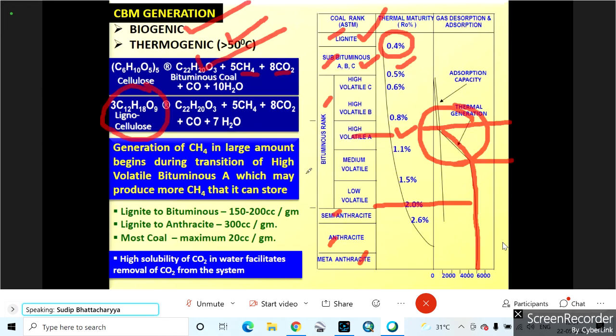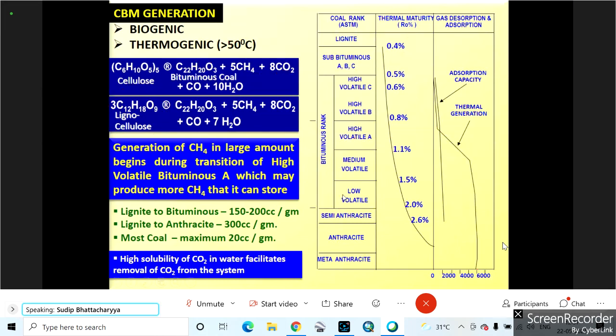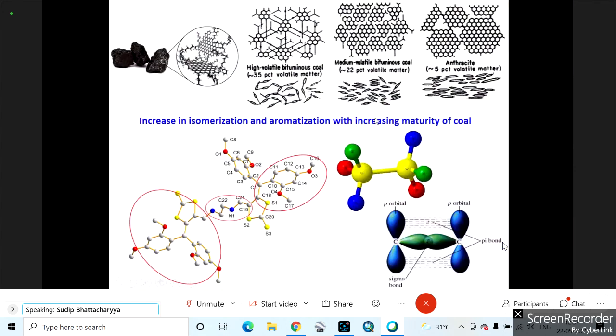So this is very important. I think you have got it, that this much methane gas per cc may come out from these reactions, which is very important. Coal-based methane, I can tell you more afterwards.